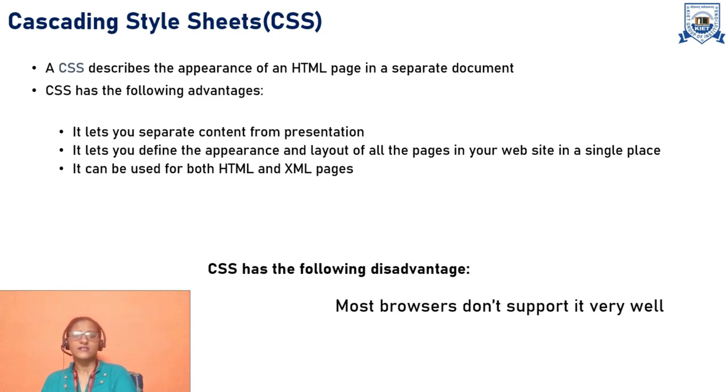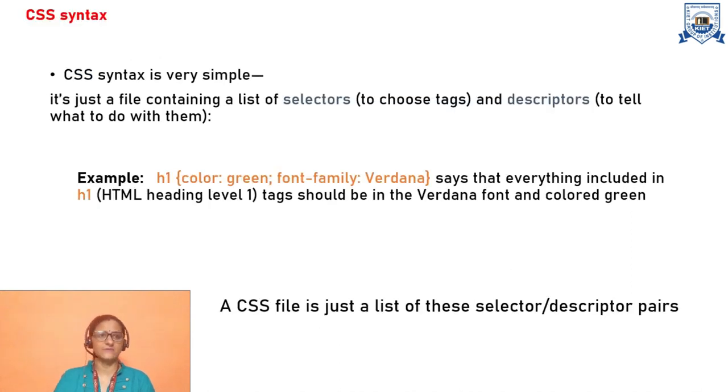It led to separate content from the presentation. It lets us define the appearance and layout of all the pages in a website in a single place. It can be used both for HTML as well as XML pages. The disadvantage of CSS is that most browsers don't support it very well.